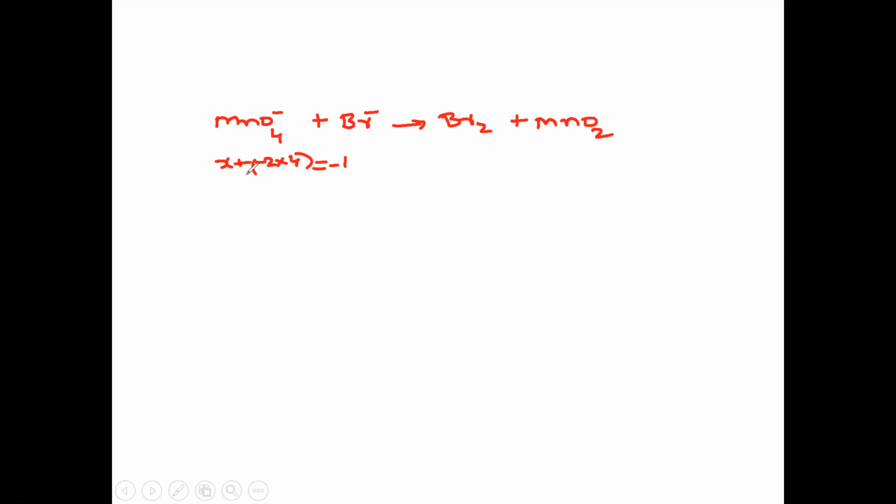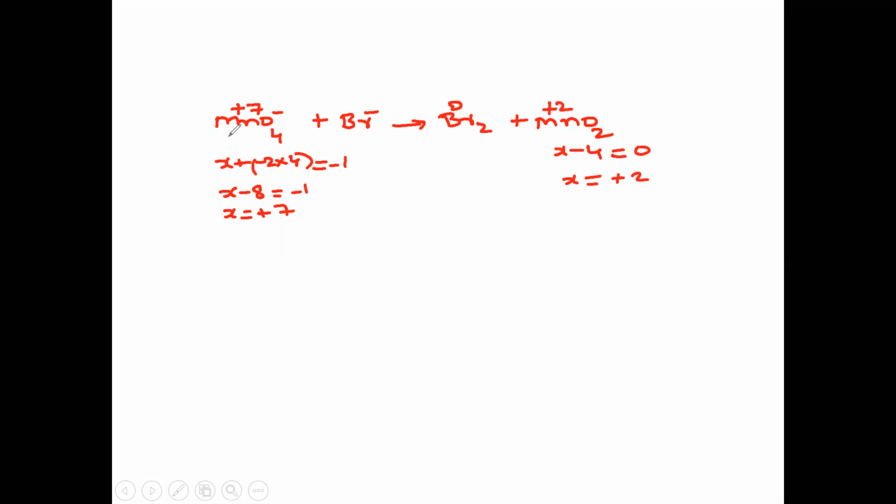So based on that rule, X minus 8 is equal to -1, which implies X is equal to +7. Similarly, Br minus is already given as -1. The oxidation state of an individual molecule like Br2 is 0. And in MnO2, X minus 4 is equal to 0 because oxygen is -2, which implies X is equal to +4.